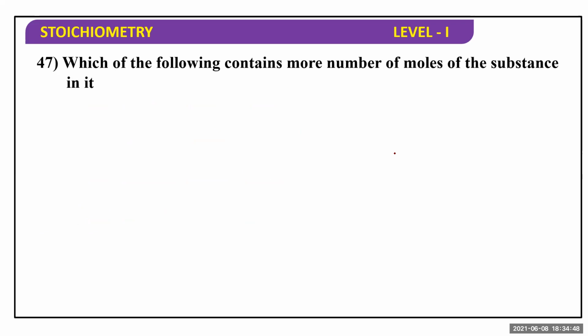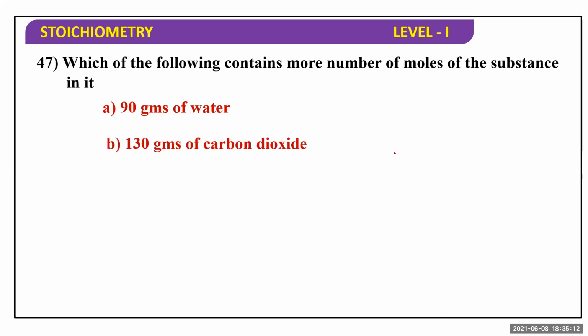Which of the following contains more number of moles of substance in it? 90 gram of water means 5 moles of water, because 1 mole of water equals 18 gram. So 90 gram water is 5 moles. 130 gram of carbon dioxide, you know, 44 gram equals 1 mole, then 130 gram will be 130 into 1 divided by 44.